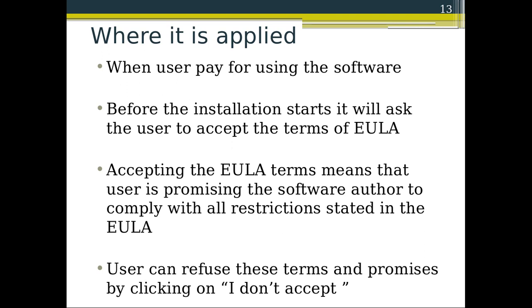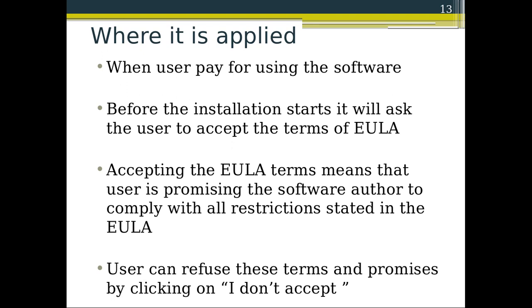For example, you have an operating system, Windows. Before installing Windows, it will ask you to agree to the license. Of course, you will also give a code. That code is needed to activate that software. Unless you agree, you cannot use that software.